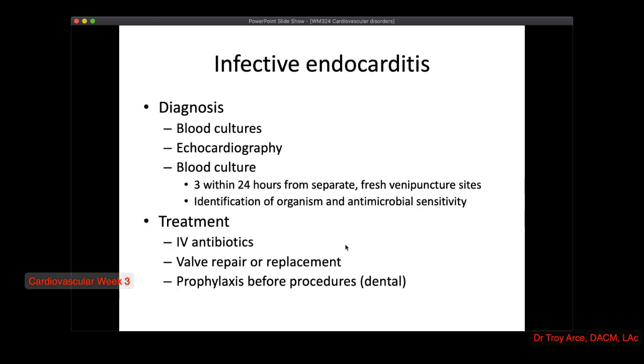How do we diagnose it? Blood cultures, echo again. These are 3 blood cultures within 24 hours from separate fresh venipuncture sites, and identification of the organism and antimicrobial sensitivity. We're going to treat it with IV antibiotics, valve repair or replacement, or prophylaxis before procedures. So that includes your dental work.